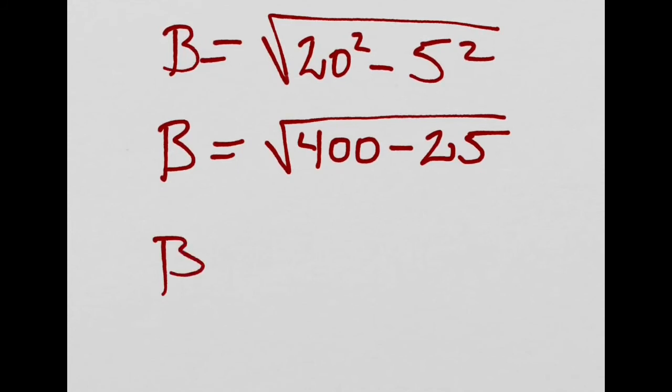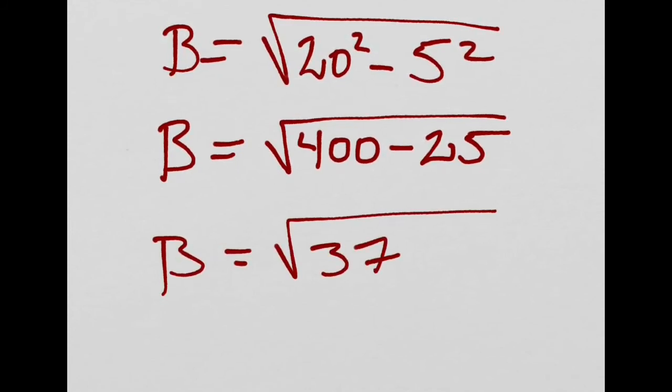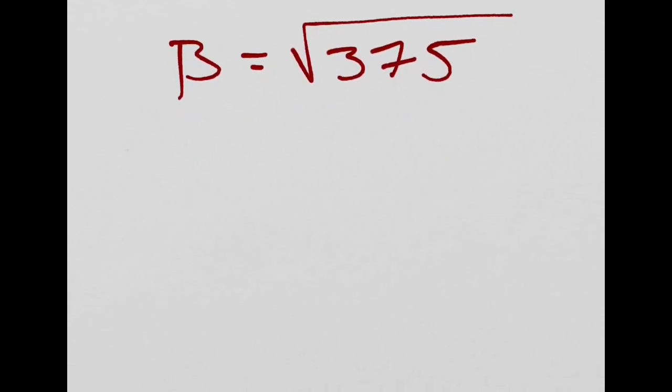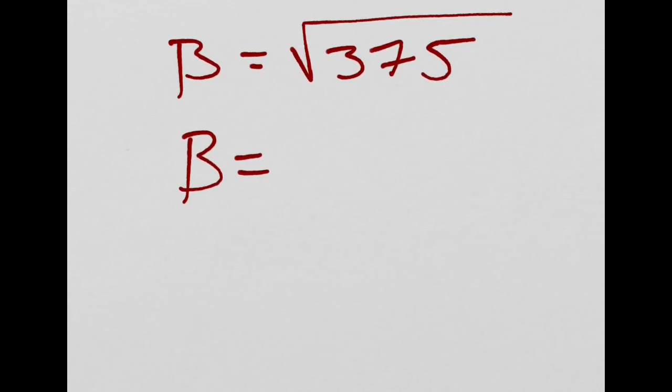Therefore B is equal to the square root of 375, 400 minus 25. So let's punch into the old calculator the square root of 375, and we end up with B is equal to 19.37.